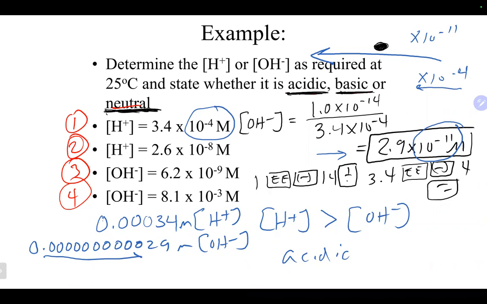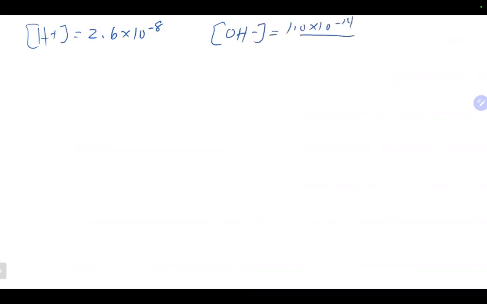Okay. Let's take a look at the next one, which is 2.6 to the -8. So once again, here we'll do our OH minus, which would be 1 times 10 to the -14 divided by 2.6 times 10 to the -8. And we end up with something like 3.8 times 10 to the -7, I believe, molar.